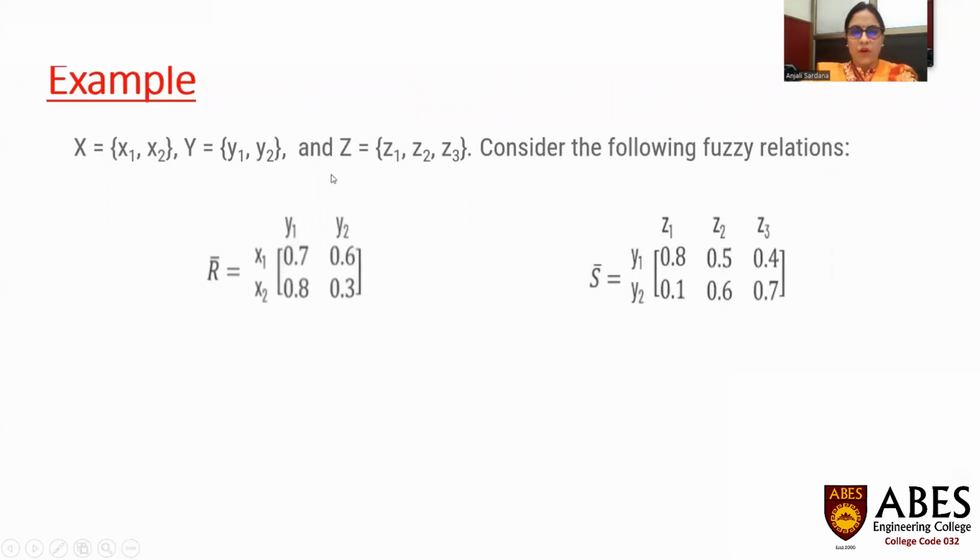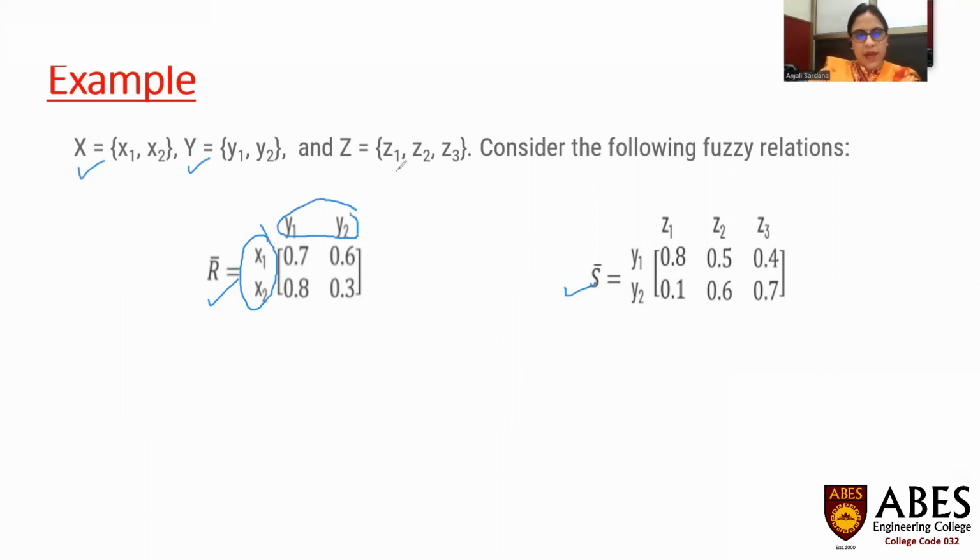Next, if I take an example for performing the composition here, say we have two relations R and S. We are given that R is a relationship between X and Y. X has the elements X1 and X2 represented here, and Y is the fuzzy set having elements Y1 and Y2 represented here.